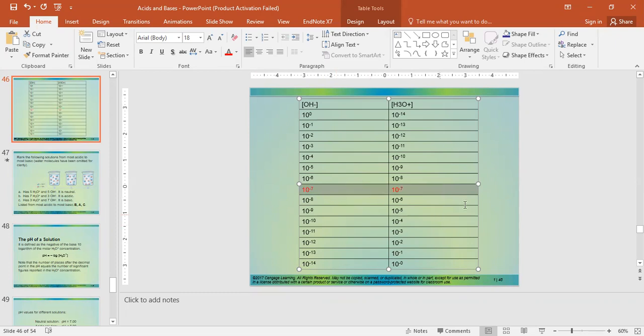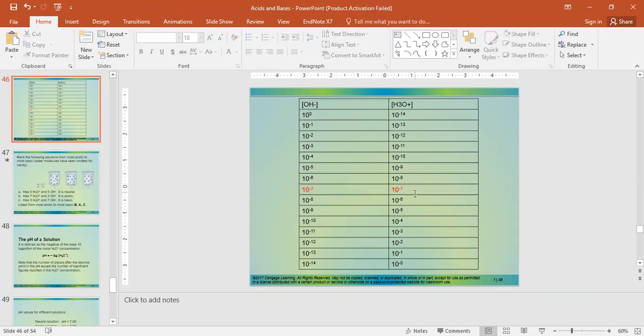In that neutral situation, the question now is, in which direction is it increasing and in which direction is it decreasing? When you go in that direction, the concentration of the acid is decreasing. And when you go in this direction here, the concentration of the acid is increasing.